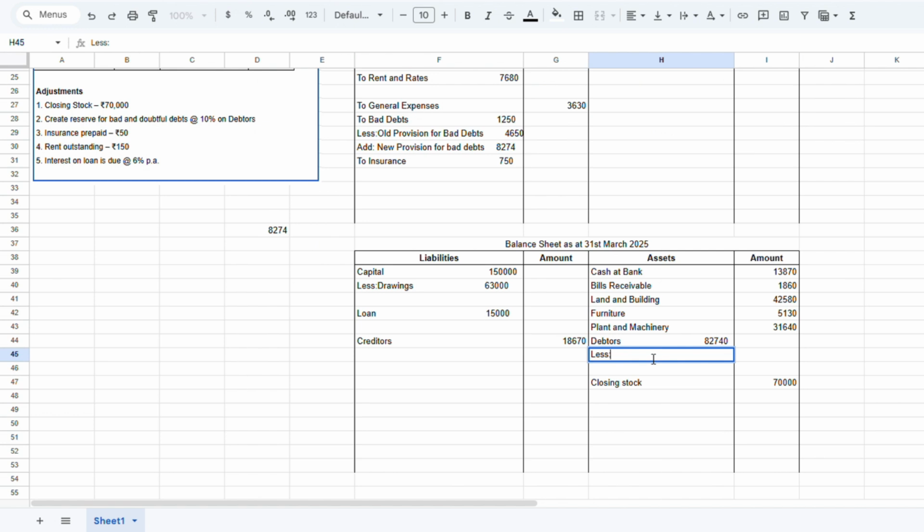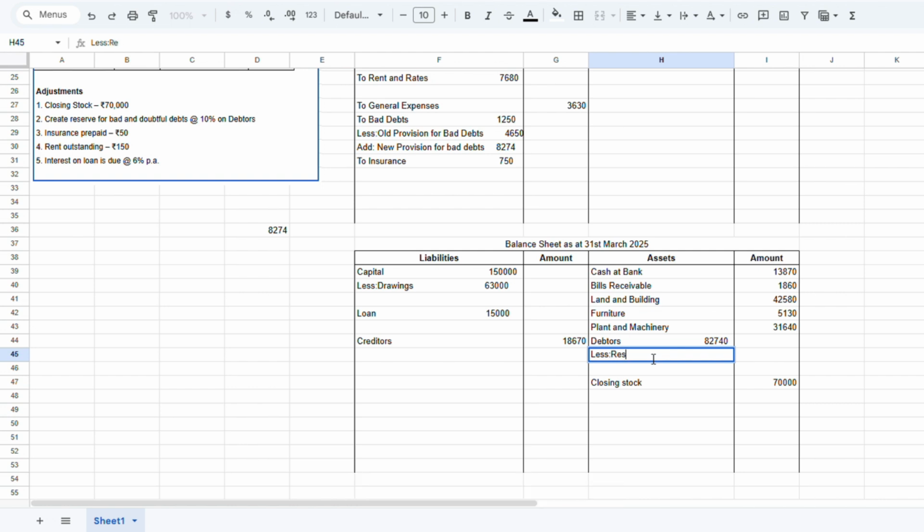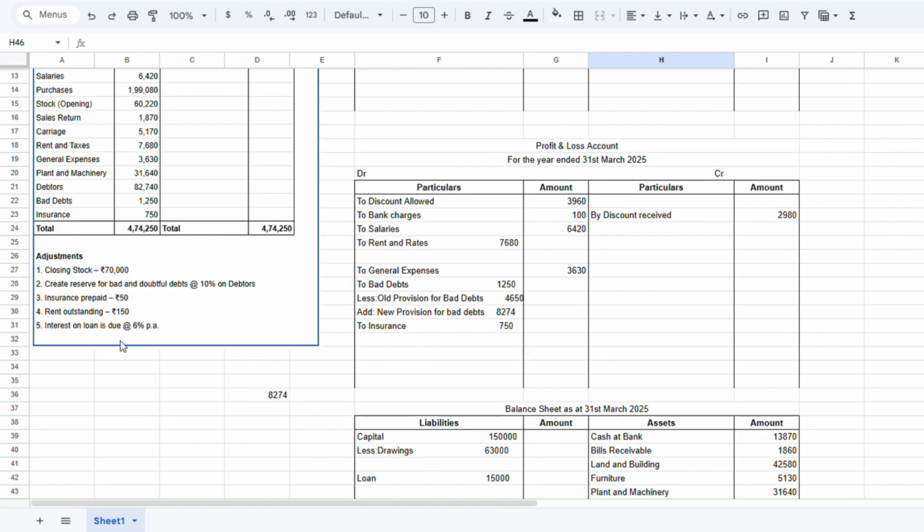We will record it twice because it is an adjustment entry. First is profit and loss account, we will add it to bad debts. And the second entry is we'll deduct it from debtors.